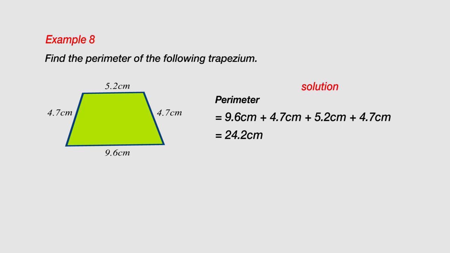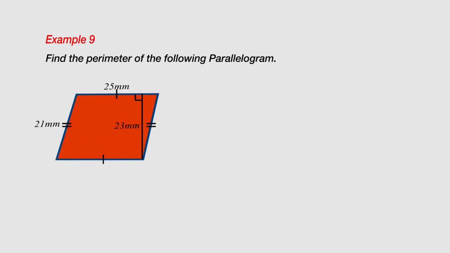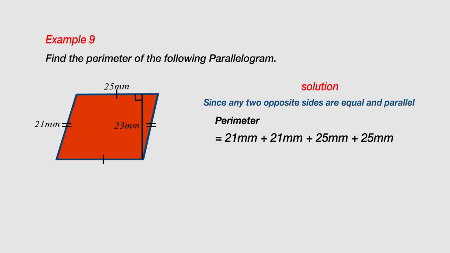Example 9 says, find the perimeter of the following parallelogram. I'm sure you can see the figure. Now, in a parallelogram, any 2 opposite sides are equal and parallel. So to find the perimeter, we will add 21 and 21 and 25 and 25.